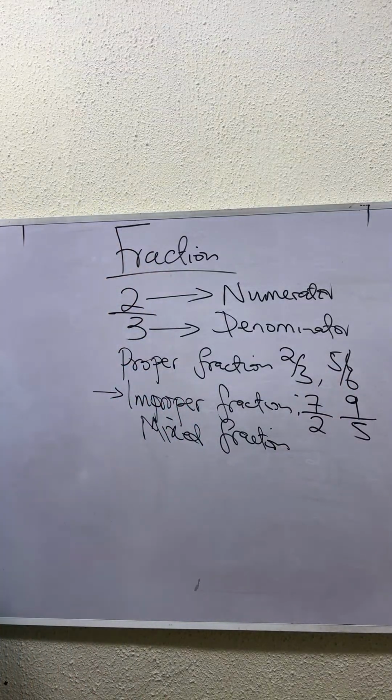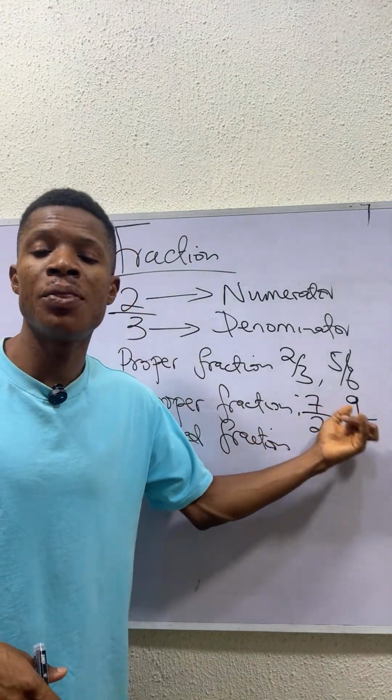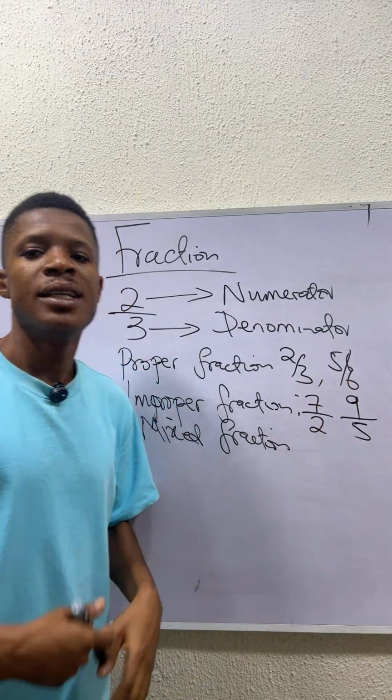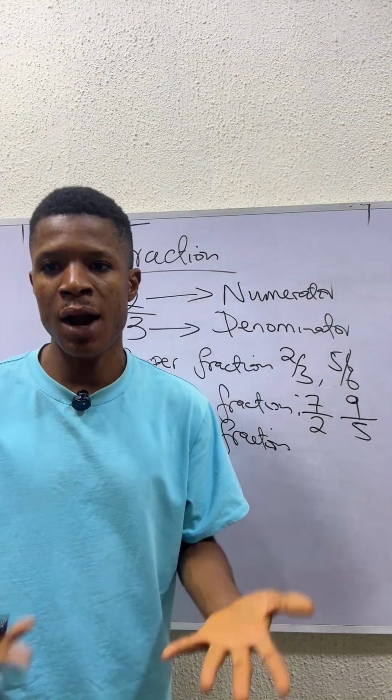Why is it called an improper fraction? Because the numerator, that's the number at the top, is always bigger. Then when do we say that a fraction is a mixed fraction?